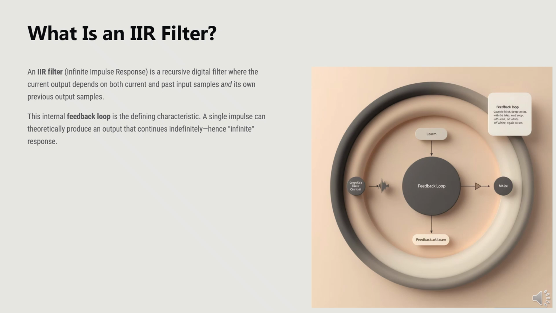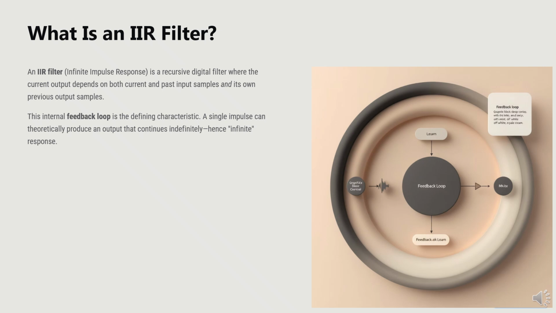For example, you can give an input of, say, 10. At time equal to 0, the input will be 10 plus a portion of the previous output. But since before time 0 there is no output generated, that portion will be 0. So the output at time equal to 0 is 10.